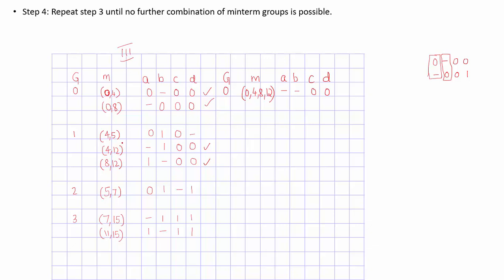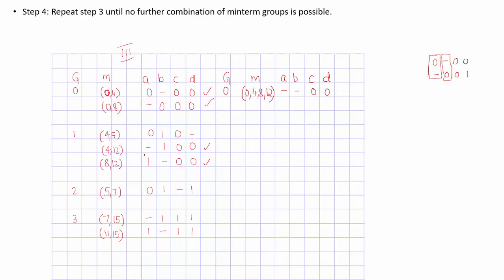Next you will compare group 1 with group 2. When you compare 4, 5 with 5, 7, D is dash here whereas C is dash here. So these two will differ by more than 1 bit. Next you will compare 4, 12 with 5, 7.